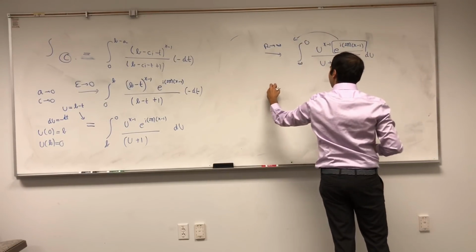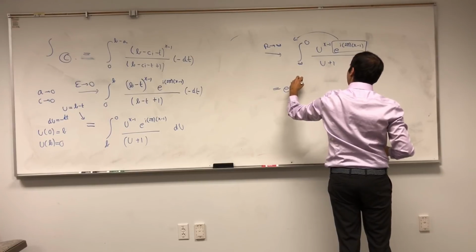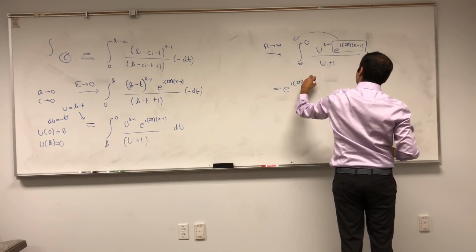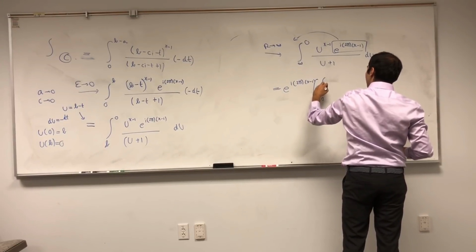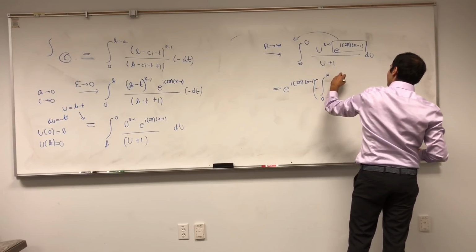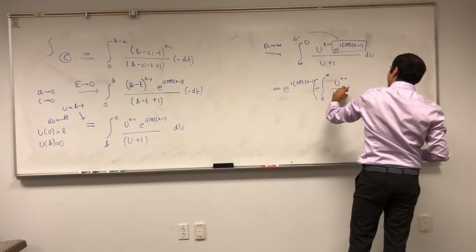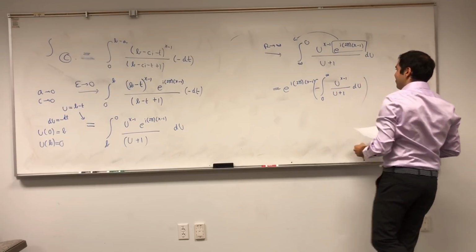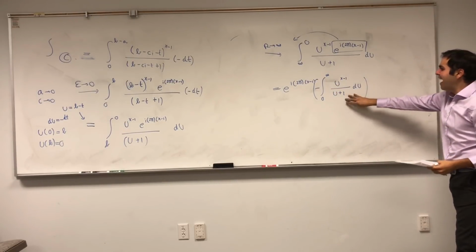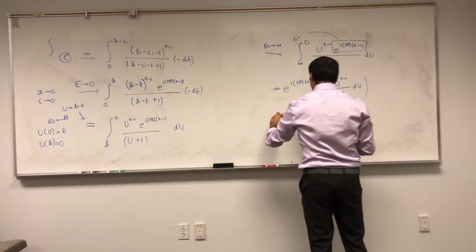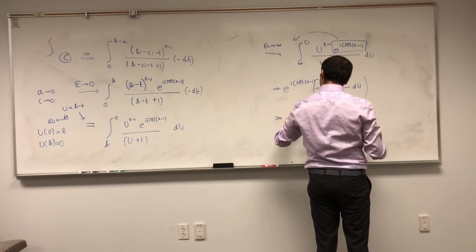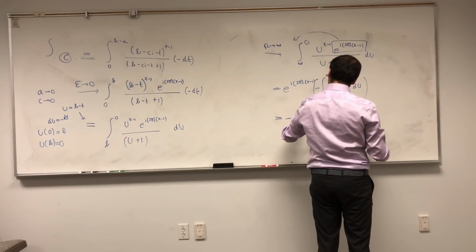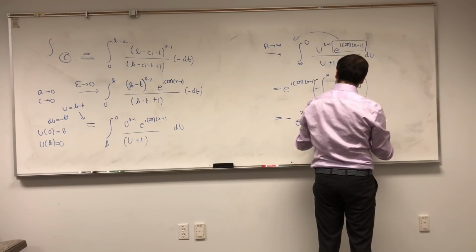So you have e to the i 2 pi x minus 1, integral, I guess minus the integral from 0 to infinity of u to the x minus 1 over u plus 1 du. But notice this is precisely minus our answer, so it becomes minus e to the 2 pi i x minus 1 times I.